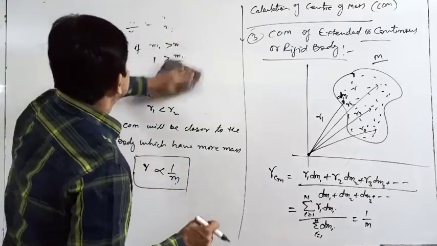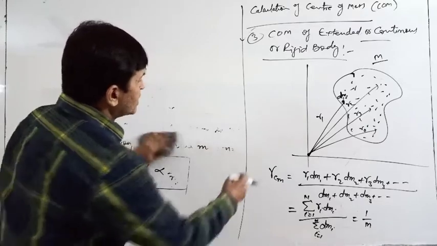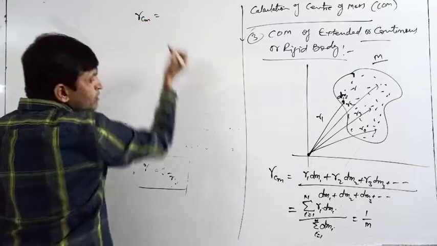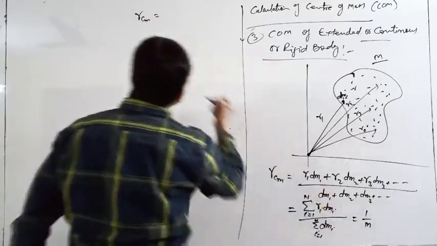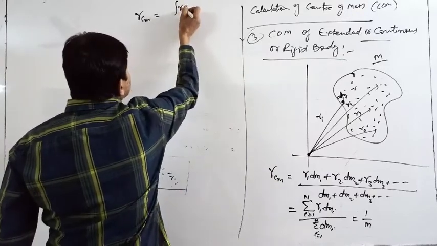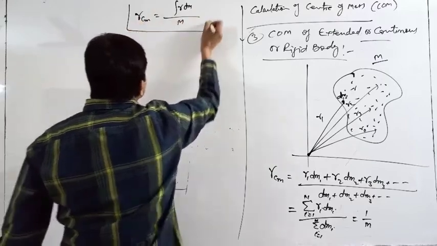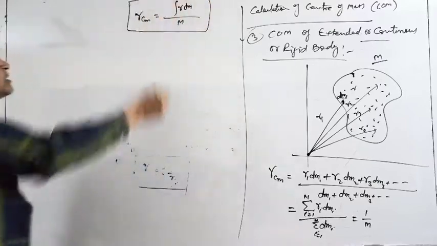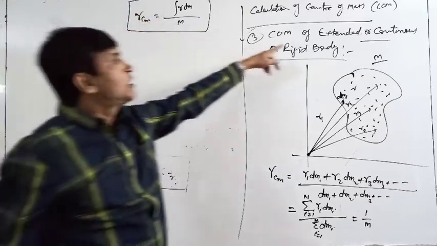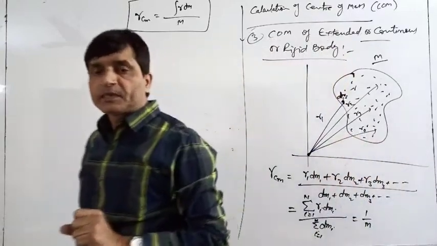Then this I can write with the symbol rcm. Now this summation we can replace with the integration symbol, integral r dm by total mass. This is the general formula for finding center of mass of your extended or continuous or rigid body.